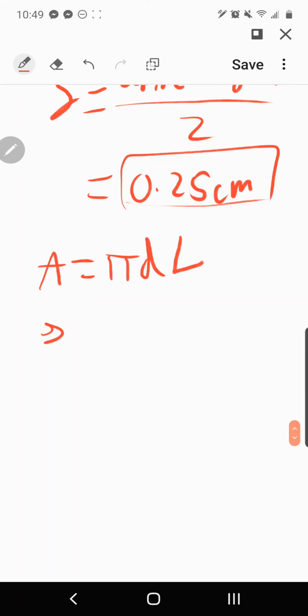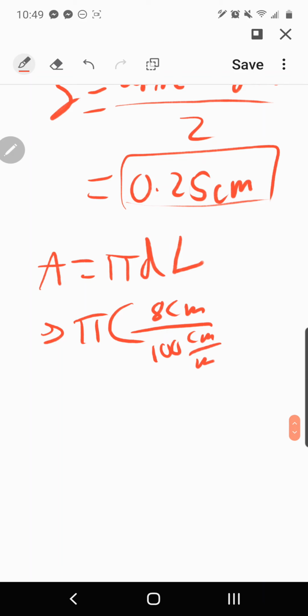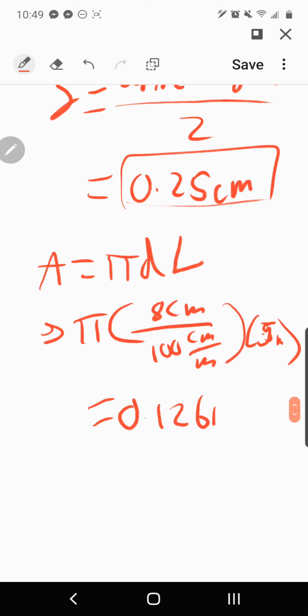And this is going to turn into pi times 8 cm divided by 100 cm per meter to get our units converted, times 0.5 meters. This is going to equal 0.126 meters squared.